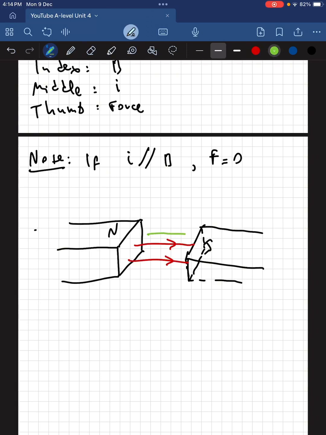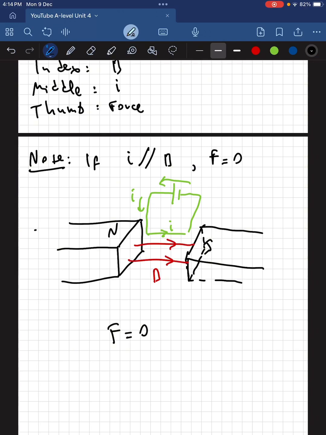Let's say that I put a current in the same direction as I. So maybe I have a battery like this. Okay, so I is in the same direction as B. Then in this case, the force is 0.